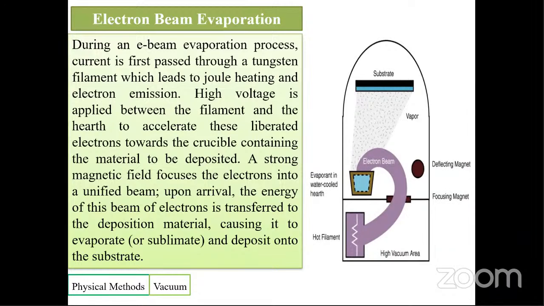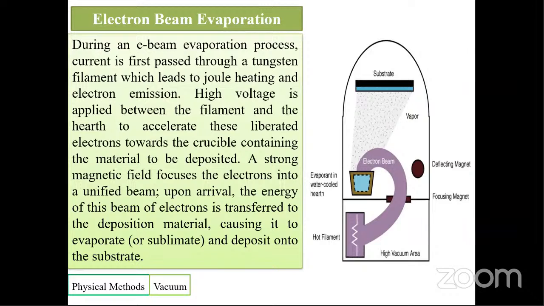When this electron beam hits the material kept in the crucible, the molecules will come out, or you can say the material will evaporate, and you will get a deposition of the film on a substrate which has been kept at some distance.